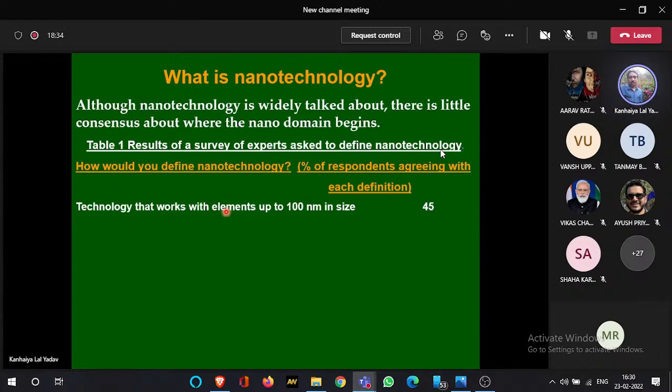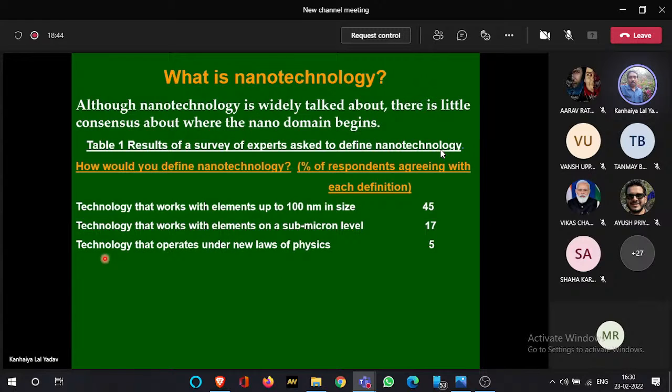Technology that works with elements up to 100 nanometer size, around 45%. That works with elements at submicron level, 17%. Technology that operates under new laws of physics, around 5 people. And technology that operates at the level of atoms and molecules, 23%. And others, no responses.